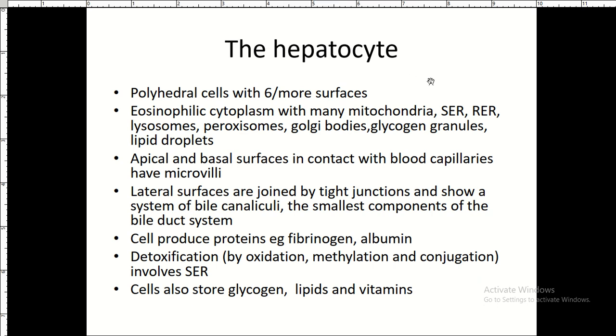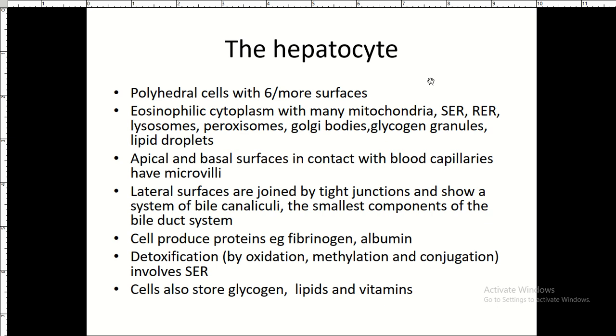Now let us take a look at the hepatocyte. Where does it originate from? Endoderm. Good. This is a polyhedral cell with about 6 or more surfaces, with highly eosinophilic cytoplasm and many mitochondria, because there's protein synthesis and a lot of other things.